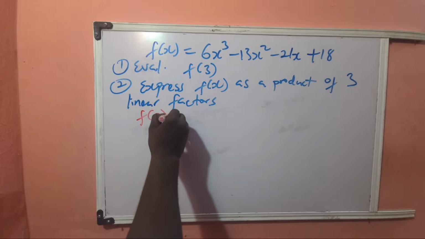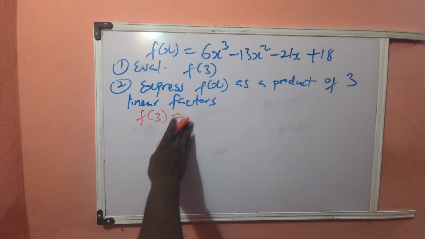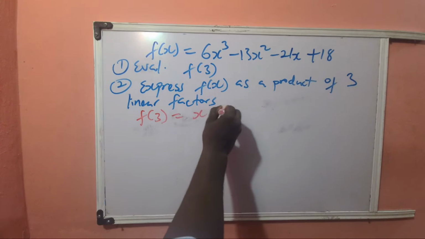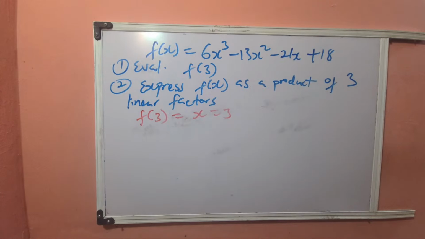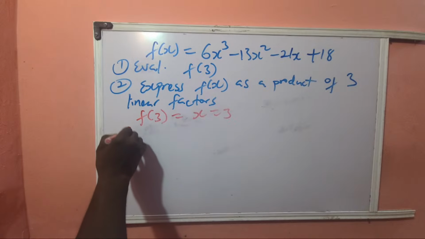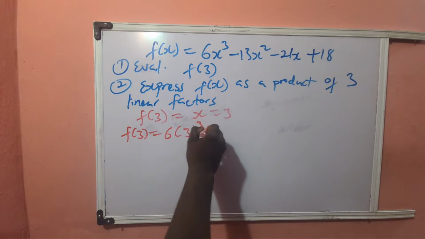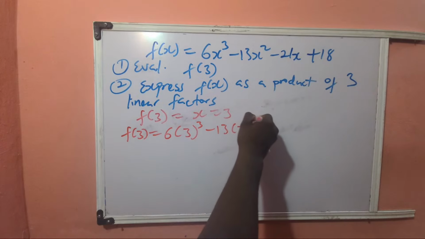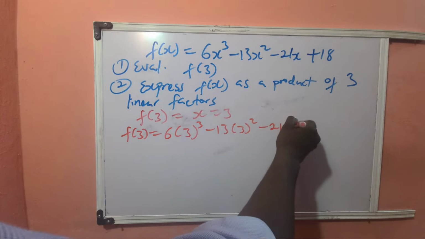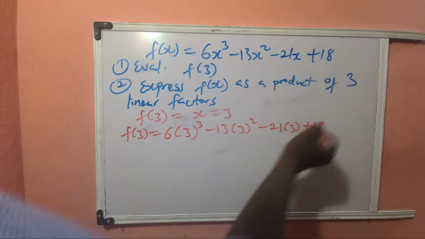F of 3, of course, that means your x is equal to 3. So this means we are having f of 3 as 6 times 3 cubed minus 13 times 3 squared minus 21 times 3 plus 18.